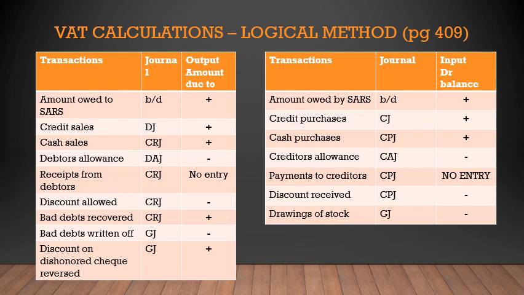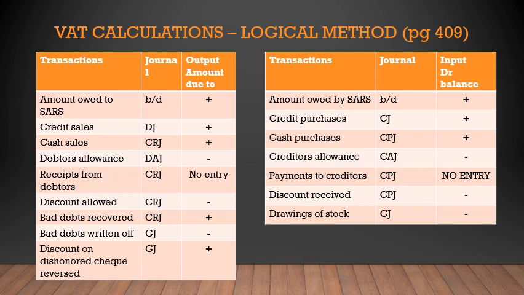So when a customer is now paying, we do not calculate VAT again, only discount allowed. The VAT in the discount will decrease. Bad debts recovered will increase VAT output. Bad debts written off will decrease. Then discount on unpaid or RD cheques, or dishonoured cheques reversed, it increases.